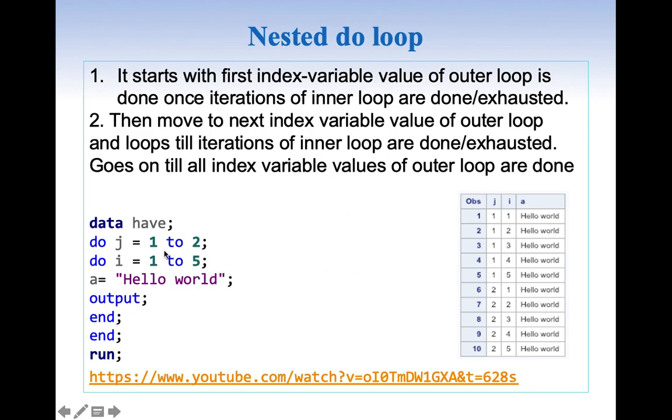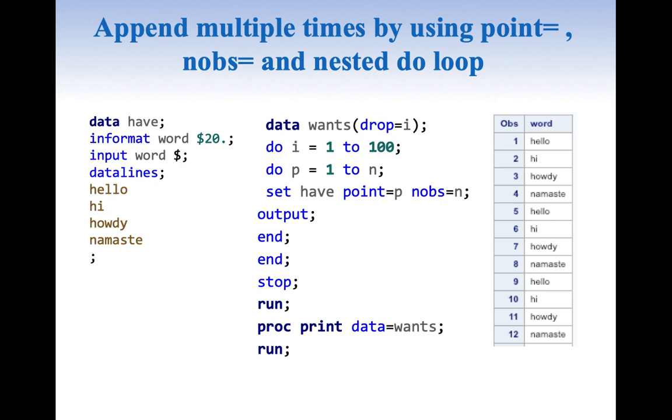Once they are done, it goes back to the outer loop and starts again with the first, second, third, fourth, and fifth of the inner loop. Once both these loops are done, the whole process will end. I have made a very extensive video on nested do loop as well, and I will put the same in the description too.